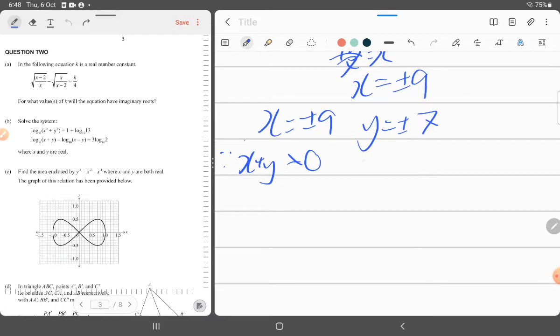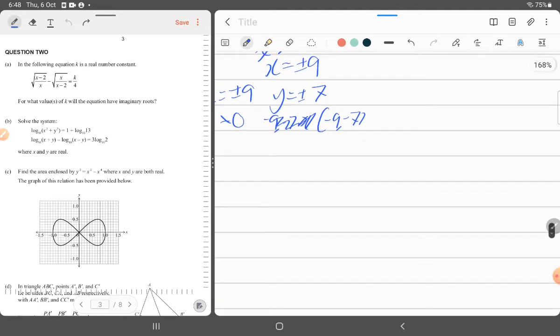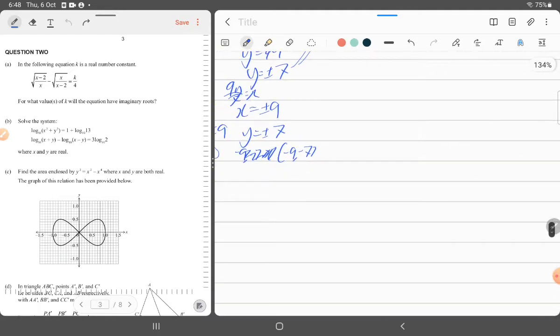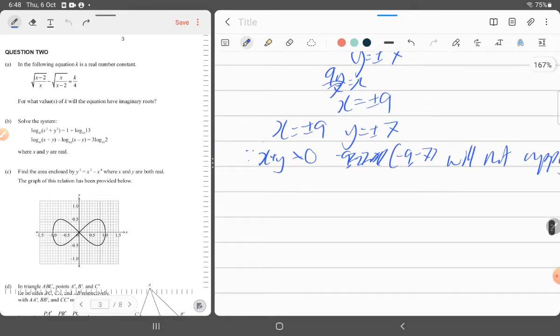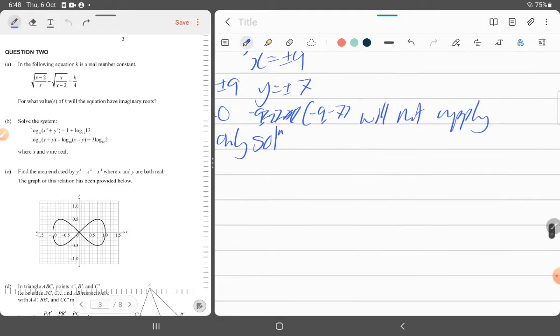Because x plus y is greater than 0, negative 9 and negative 7 will not apply. Therefore, the only solution is x equals 9, y equals 7.